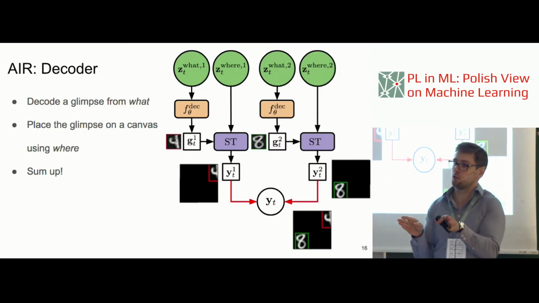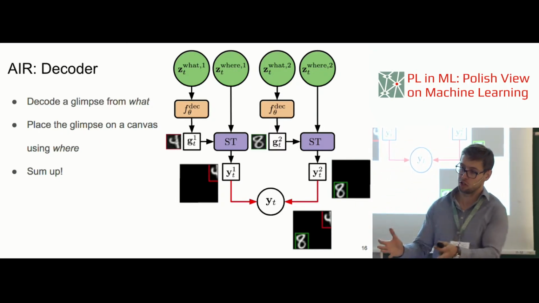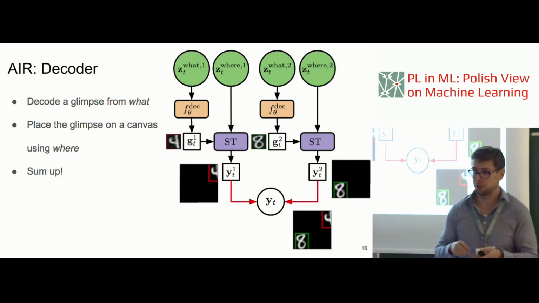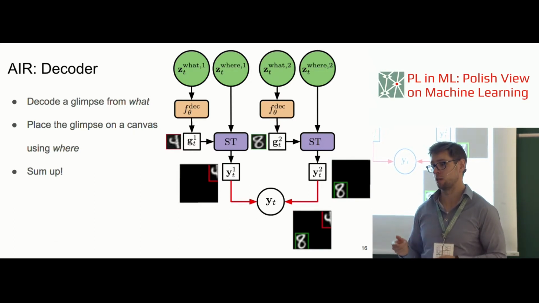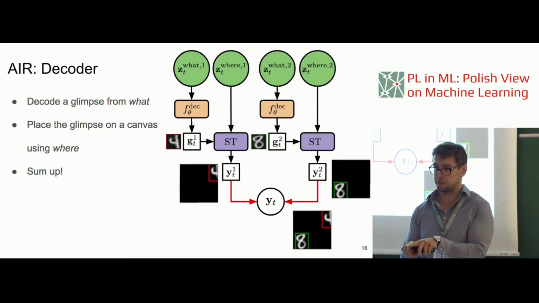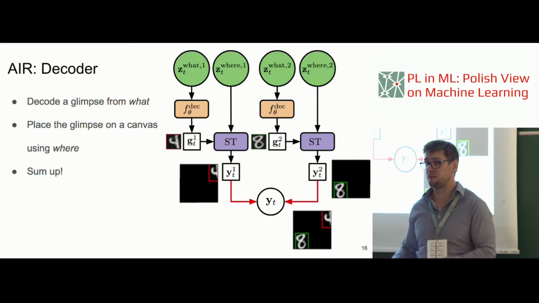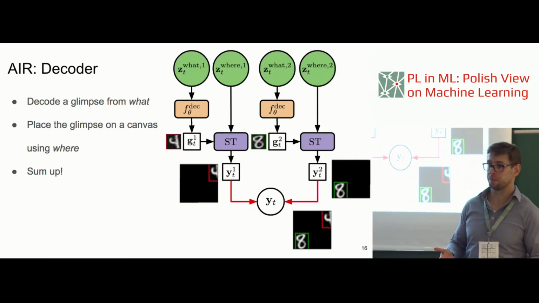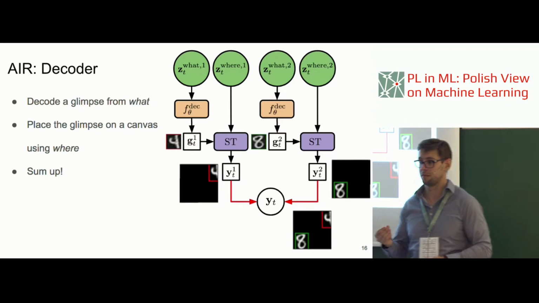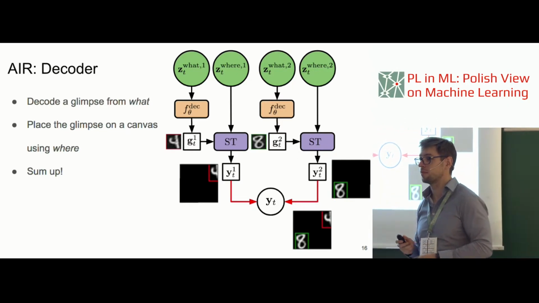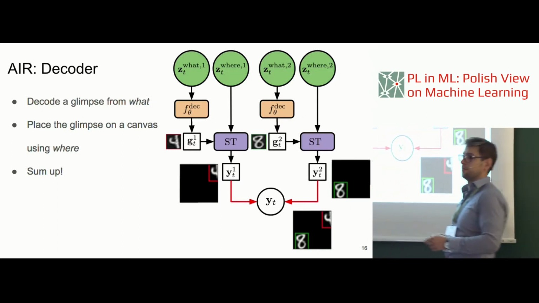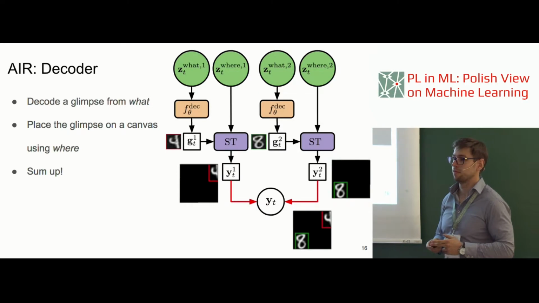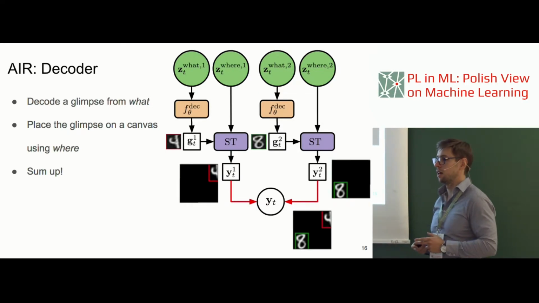But because we're putting this additional structure into the decoder, it forces this latent variable to have a specific meaning, which corresponds to size and position. That's why in the video that I showed you before, we could draw a bounding box. So that's why we know where the object actually is in the image, and without this we wouldn't be able to do that. Correct? Right. And then you have to define the where, or you can define the what, or am I getting something wrong? That's correct, yes.